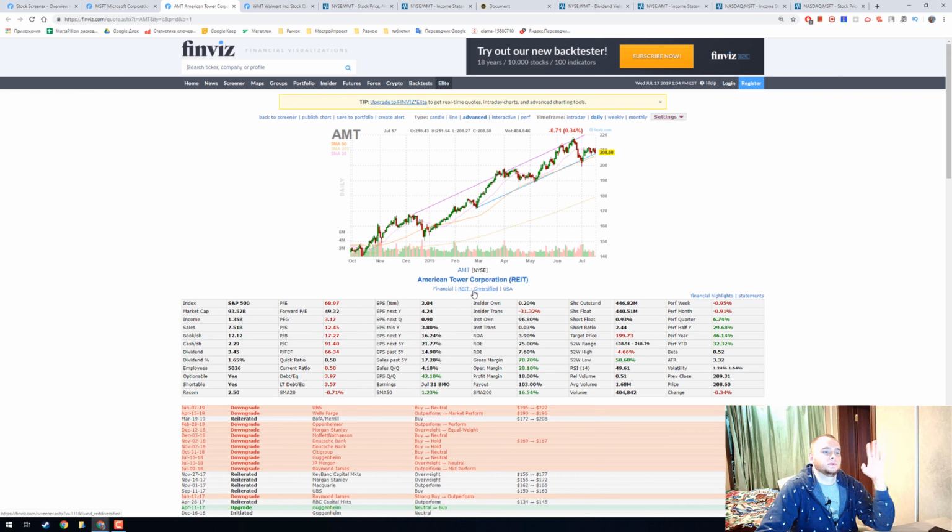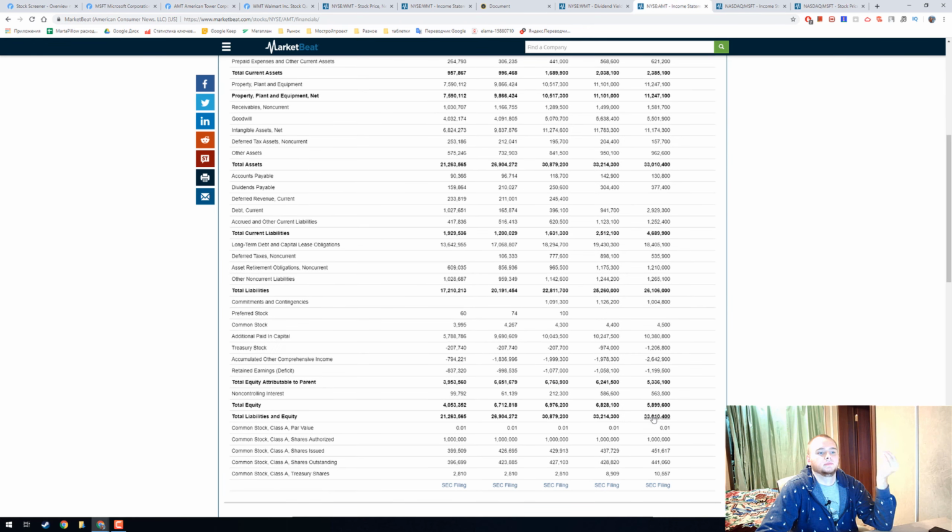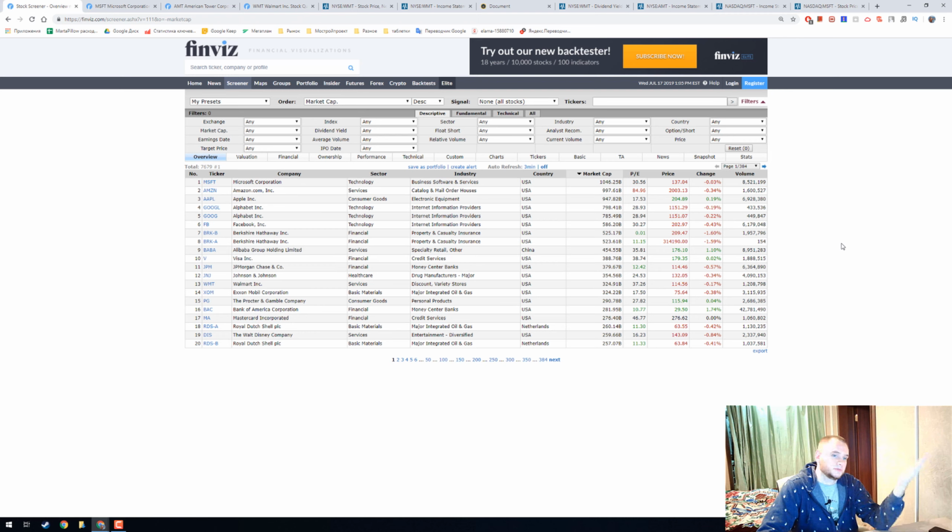And in the real world, I think market capitalization would have to be comparable with equity, but AMT has only $6 billion in equity. Market capitalization means only how much the market is willing to pay for its shares, not the equity.